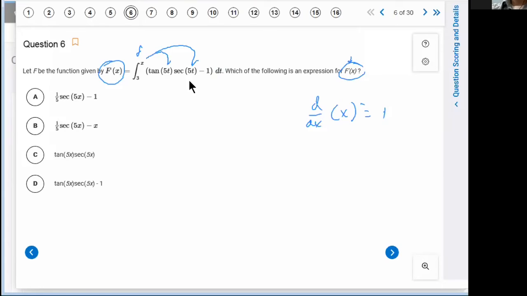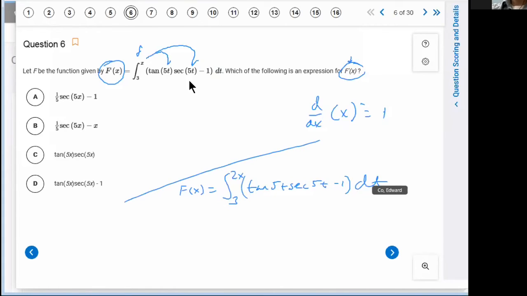Now, if I had changed this, let me give you a change here. If I wrote f of x is equal to the integral of 3 to 2x of tan 5t secant 5t minus 1, if you remember, this is when we need chain rule. You would plug it in: tangent, 5 times 2 is 10, secant, 5 times 2 is 10, minus 1, and then we'd multiply this by a 2 because of chain rule.